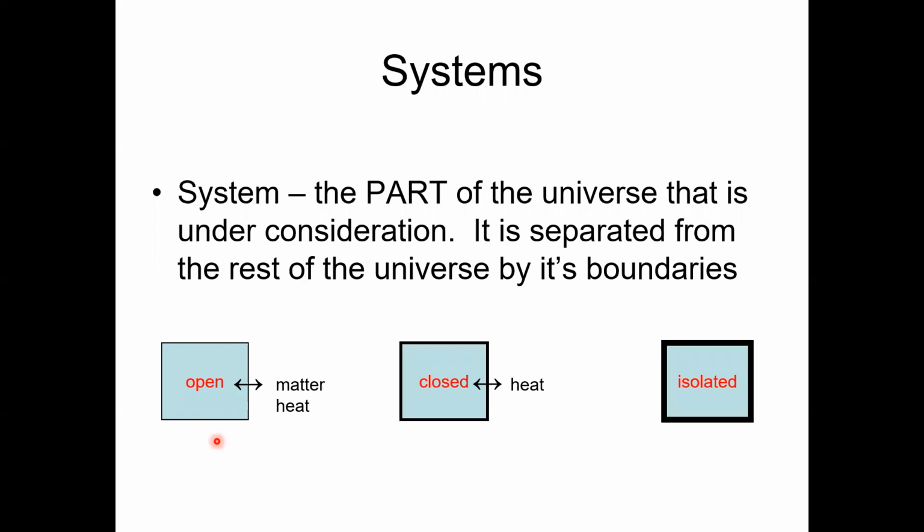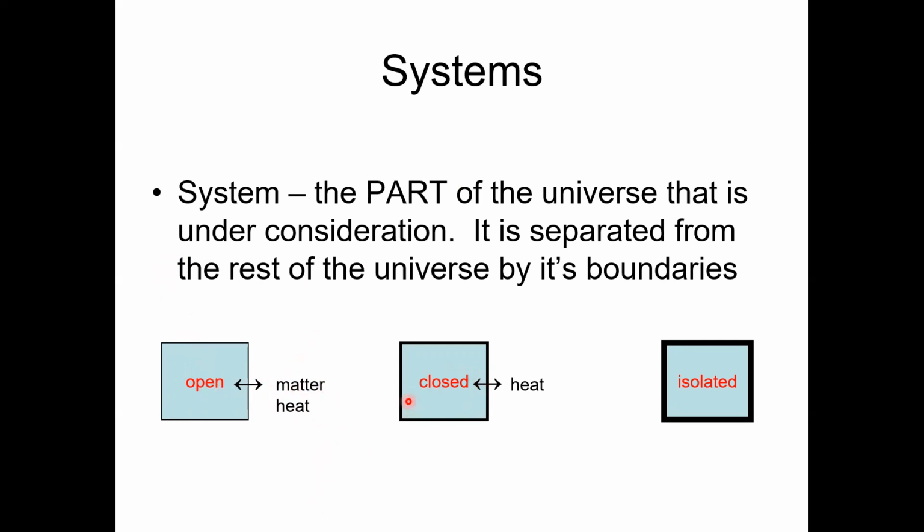So the system is the part of the universe that is under consideration, and it is separated from the rest of the universe by its boundaries. The open system is allowed to exchange matter and heat from and to the surroundings.